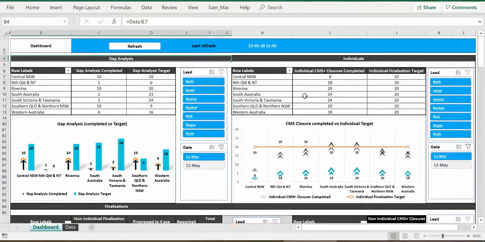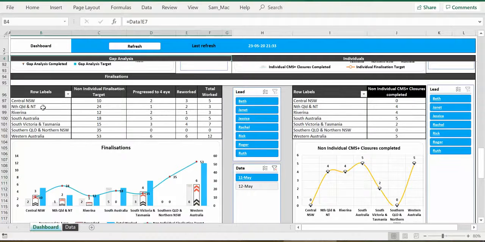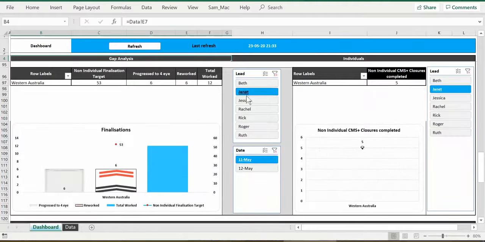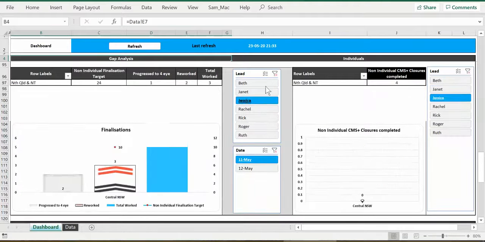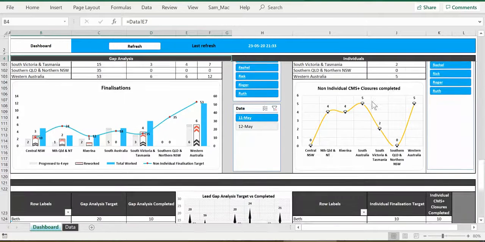Moving on to the more information I have given for the region specific, all these things in here are updated. If you want to see one specific person, that will be updated here as well. That's what these two do, and then the closure percentage.